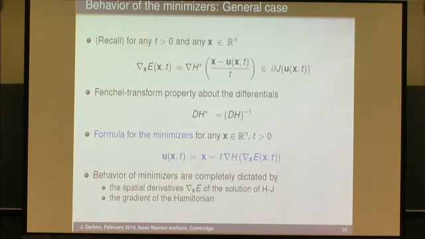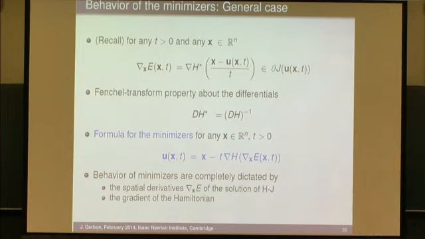So again, I have my formula for the spatial derivative. And then, using the Fenchel transform property, if you want to invert the differential, the differential of the Fenchel transform is the inverse of the differential of H. This is very nice; that's why we use the Fenchel transform every day in convex analysis.